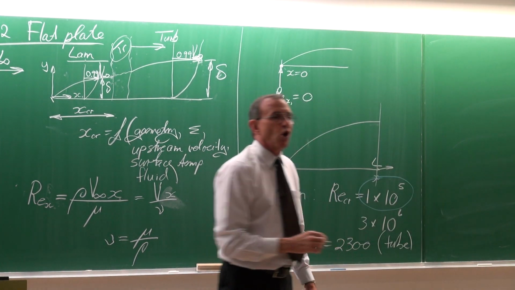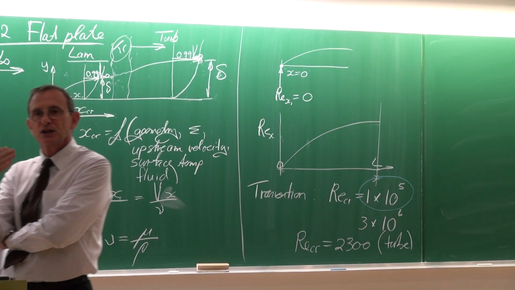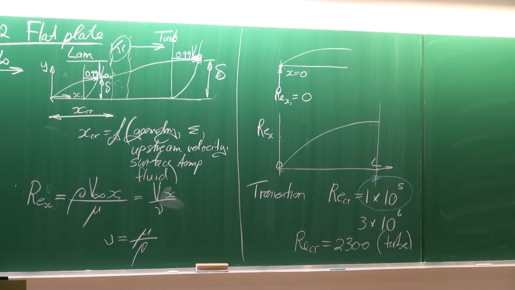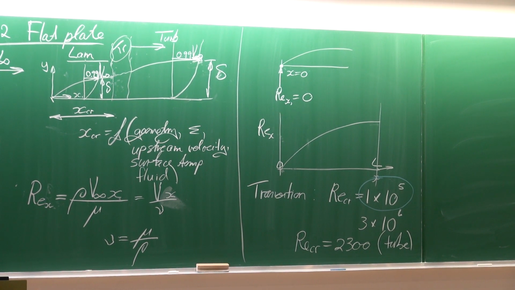So every body has its own transition Reynolds number. If you would now get into the wind tunnel, we can also determine your transition Reynolds number. And it will not be 2,300, and it will also not be 100,000, 1 multiplied by 10 to the 5. It will be a different value.